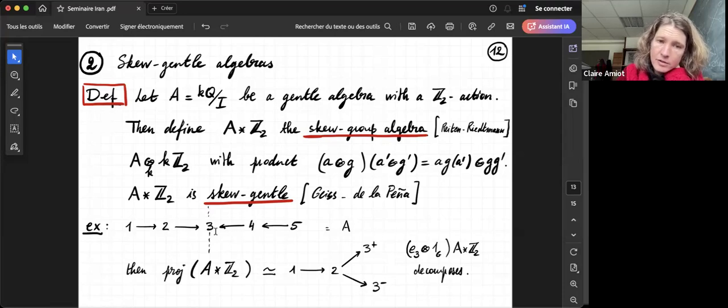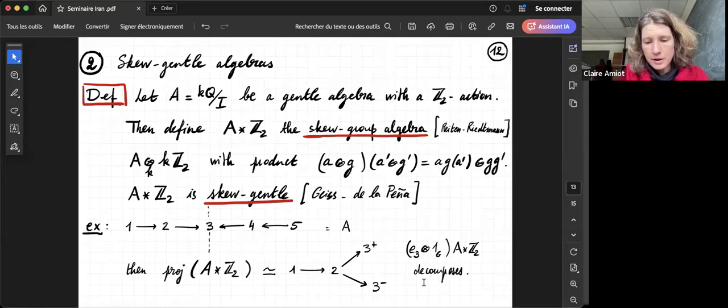Since 3 is fixed by my action, if I look at this projective, E3 tensor the unit of my group times A star Z2, it's a projective module, but it is not indecomposable anymore. It decomposes into two indecomposable summands. That's why it splits into two vertices: I have two vertices corresponding to 3 in my new quiver, 3 plus and 3 minus.